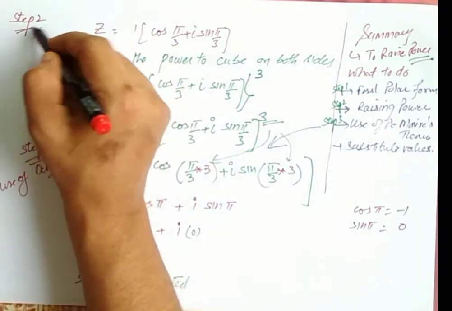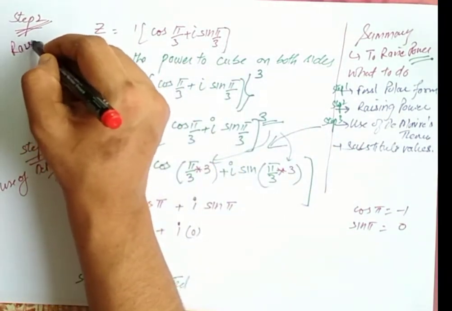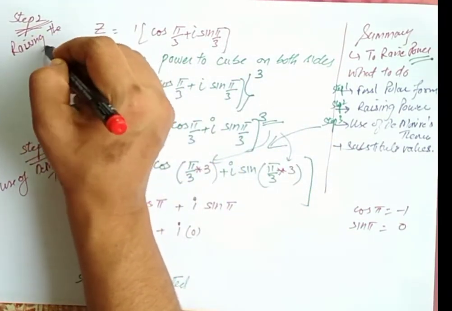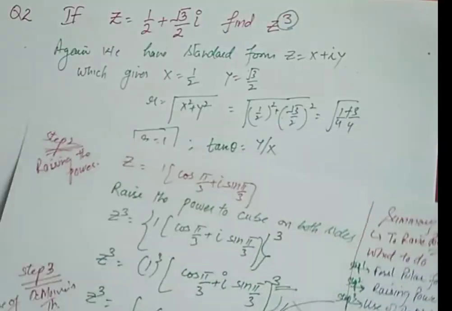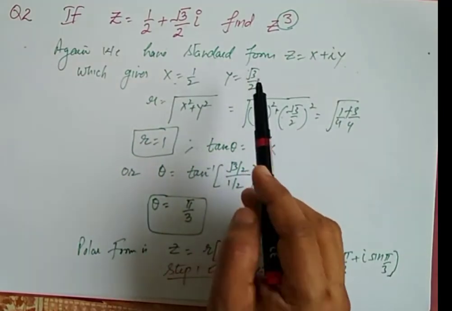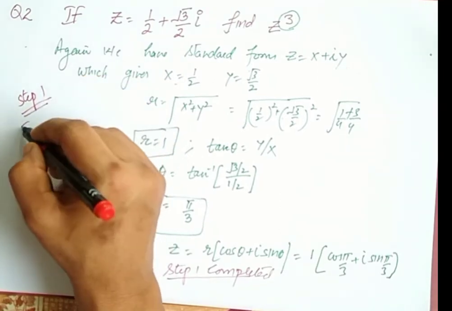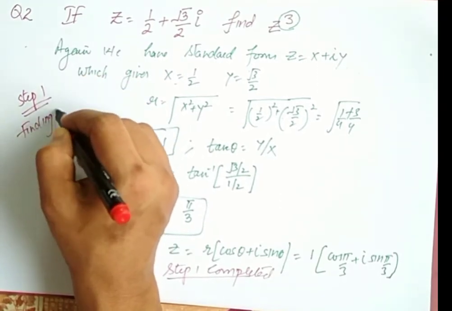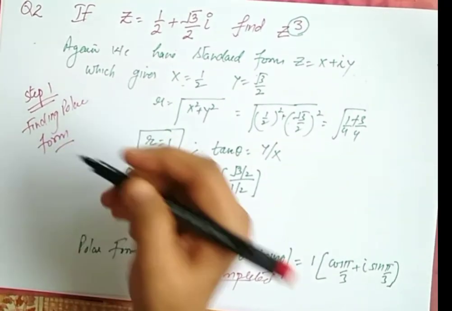This was our step 2, raising the powers. And from where we started, x equals half, y equals root 3 by 2, this is our step 1, finding the polar form.